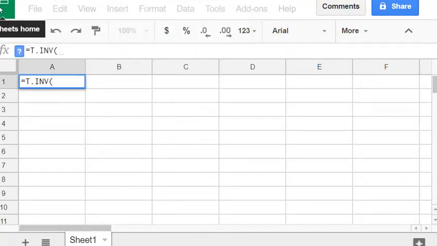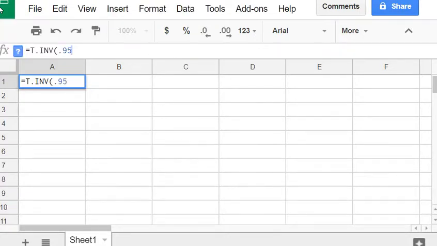So area 0.95, comma 12. For some reason I thought it was the same. You should be able to get 1.782 from one medium or the other. Is that true? Are you guys able to get that one?